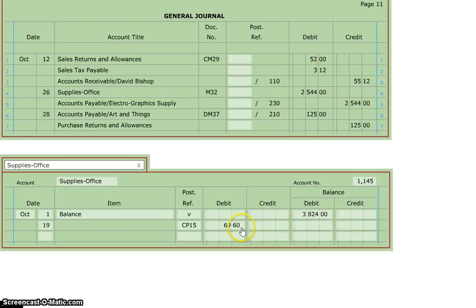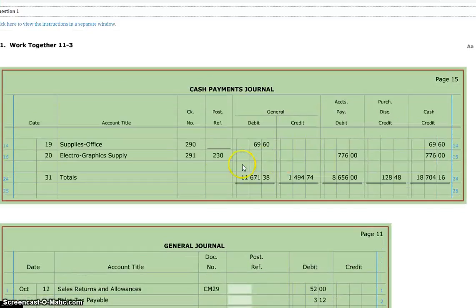So we're going to add these two, since we have two debits, and carry the balance as a running tally. When we add the $69.60 to our previous balance, we end up with a total now of $38.93 and 60 cents. Then we do our last step by taking the number here, the 1145, and plugging it in here to show that we have posted it.